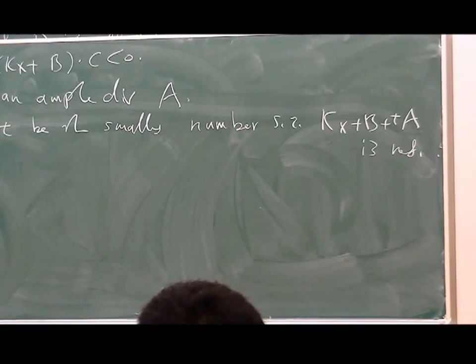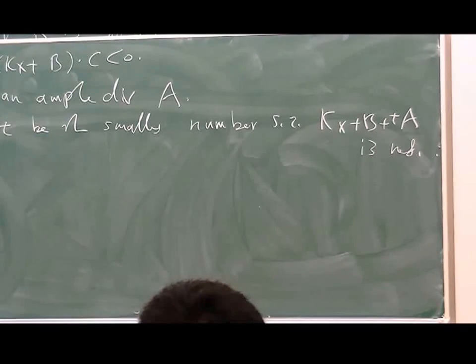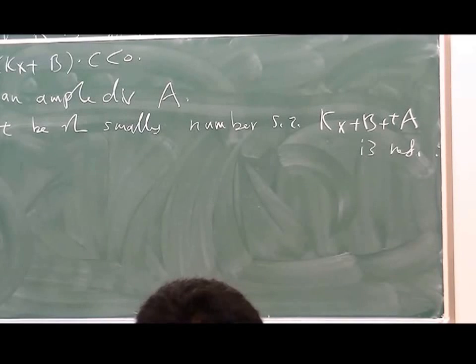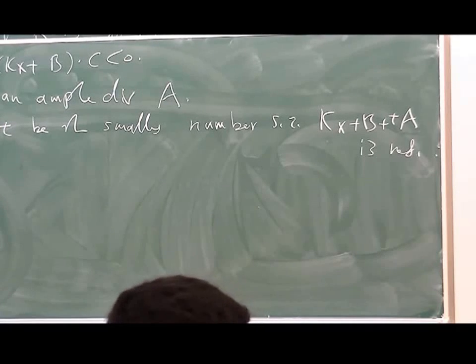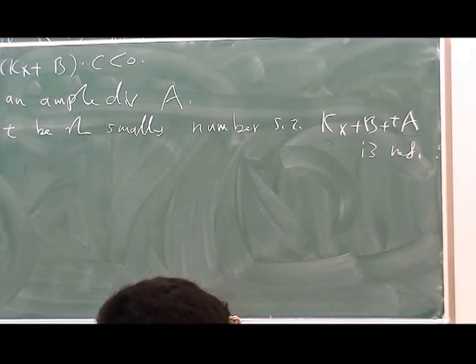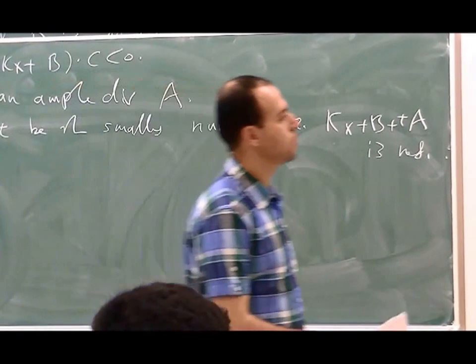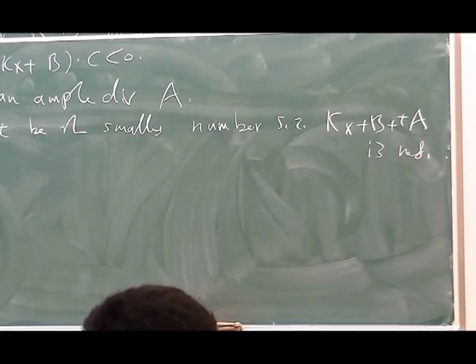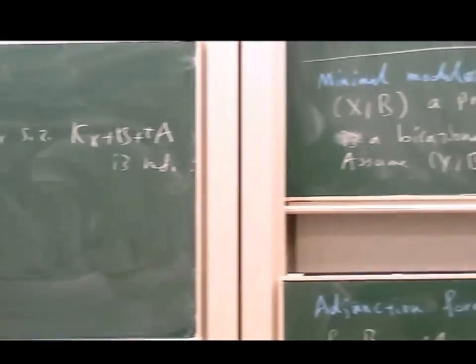In your definition of nef, do you want greater than 0 or greater or equal? It can be equal to 0 also. So if it is not nef, then you must have negativity. Maybe it's not very clear, it should be more than or equal.